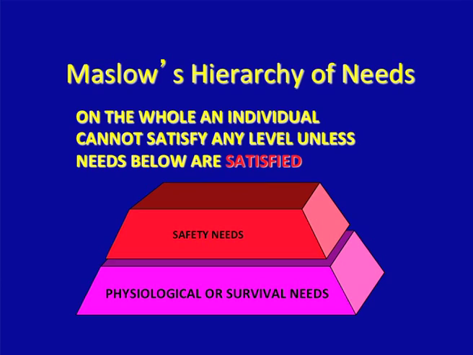On the whole, an individual cannot satisfy any level unless the one below it is satisfied. If the physiological needs are not satisfied, a person does not tend to think about safety or security needs. Only when he is satisfied with the physiological needs does he come to the safety and security needs.